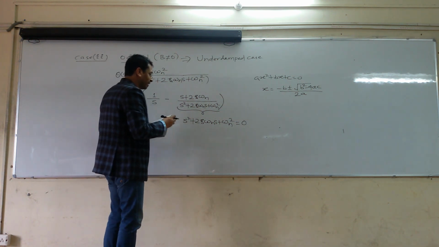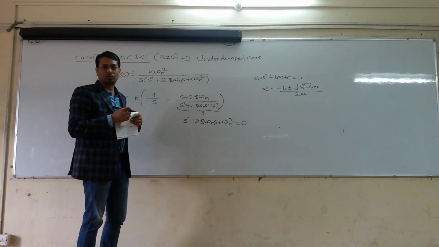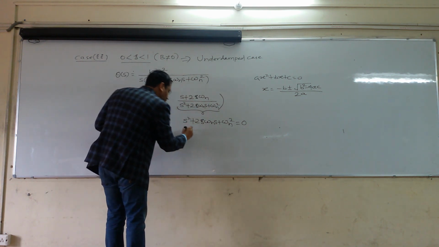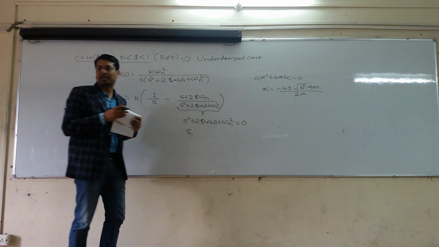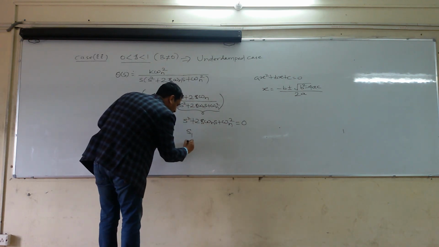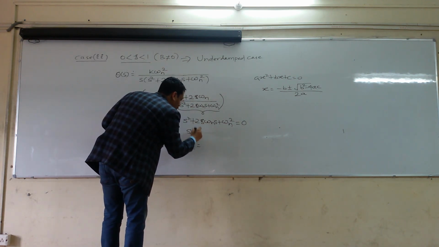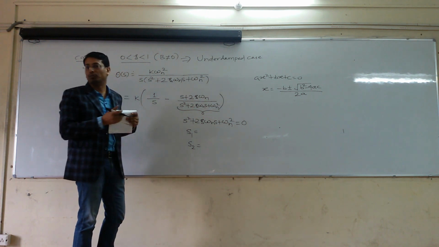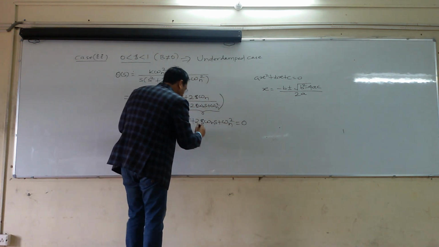So equivalently, the order is 2, so the number of roots will be 2. I am going to denote them by s1 and s2. So s1 and s2 are the two roots of this particular denominator polynomial. So what will be the value of s1?